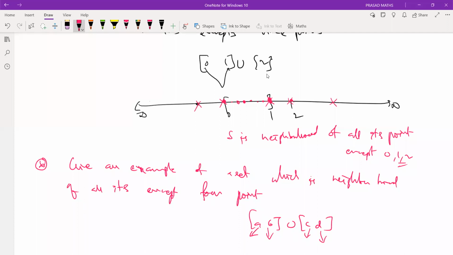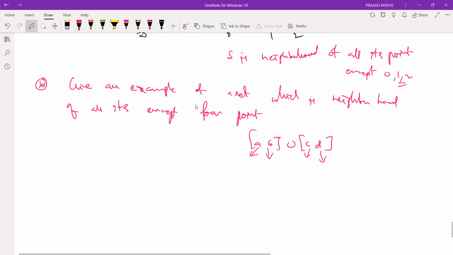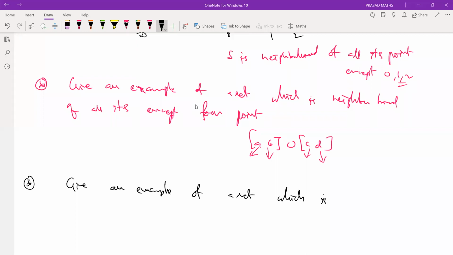Now the same question: give me a set which is a neighborhood of all its points except n points. Give me a set. 1 union, 2 union, 3 union, up to n. Give me an example of a set which is a neighborhood of all its points except its endpoints.